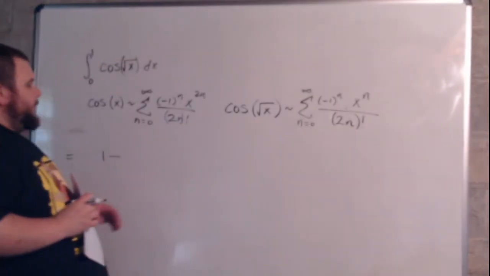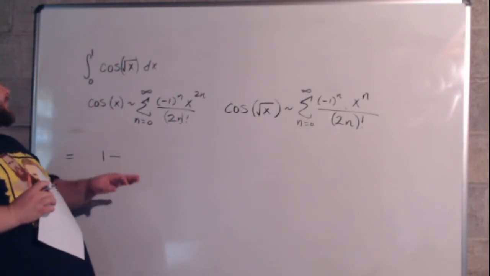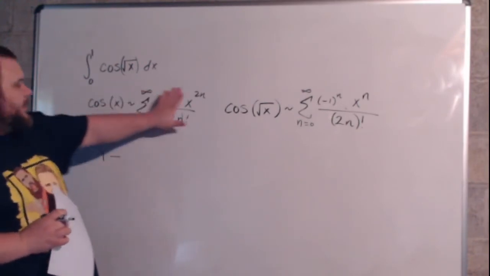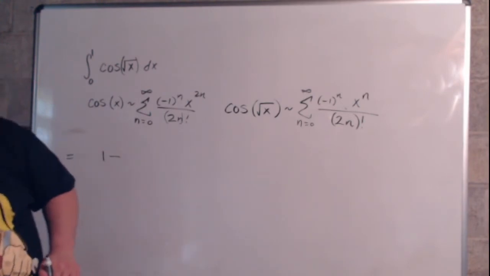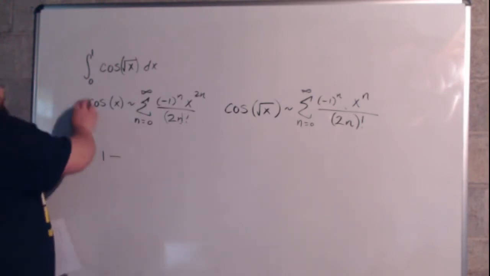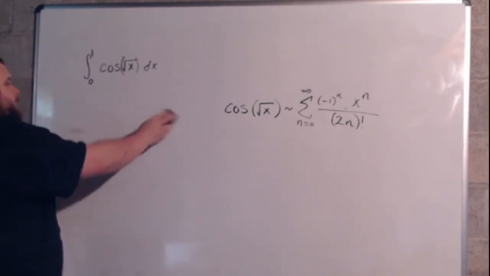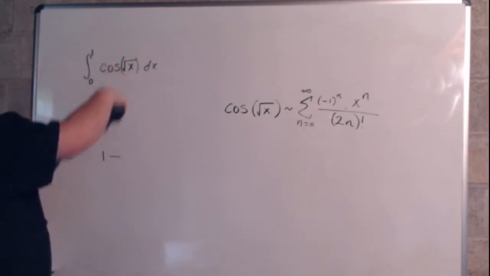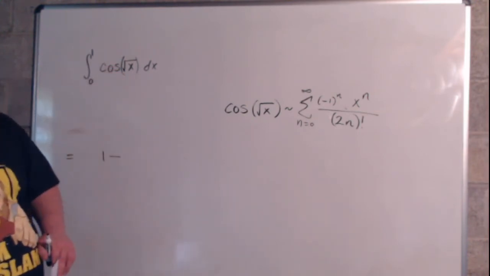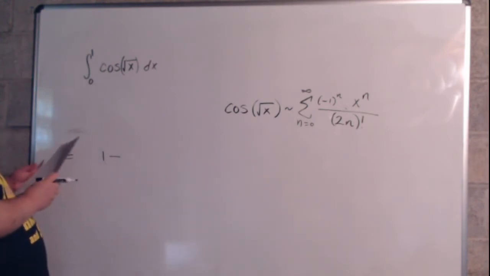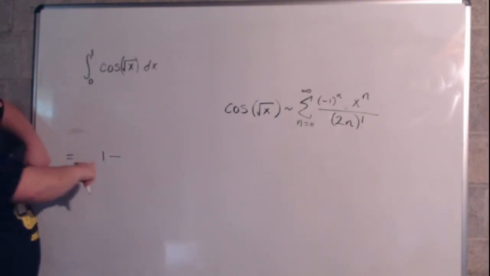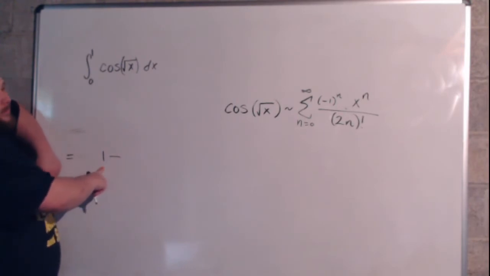Okay, so now when I'm building my first 6 terms, I'm not using this one any longer. I'm using that one over there, because I'm trying to find cosine of the square root of x. So my first term is still 1.